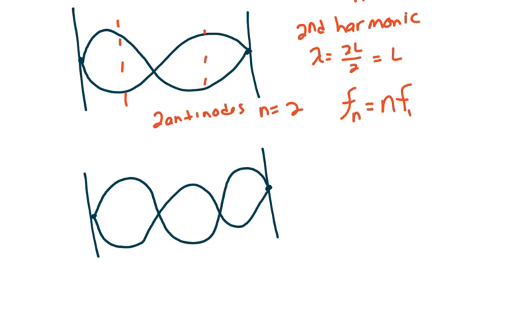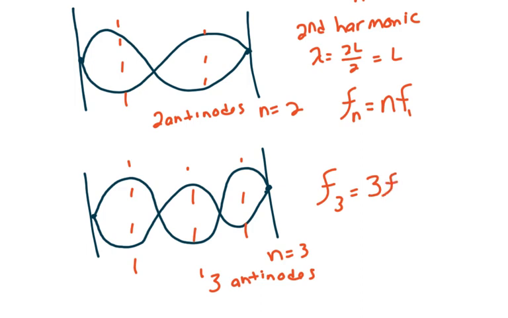I am doing my best, okay? This is the third harmonic because I have 1, 2, 3 antinodes. So I can find the frequency for this one by taking 3 times the fundamental frequency, or whatever the frequency of the first harmonic is, okay?